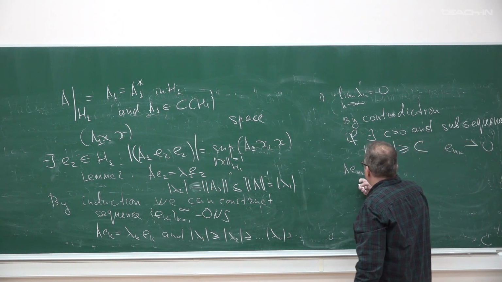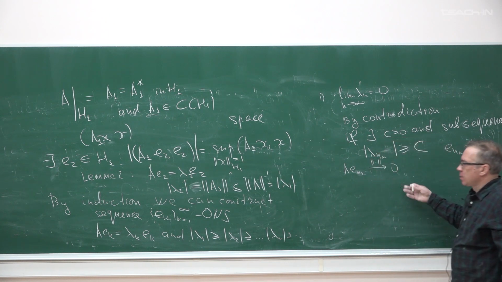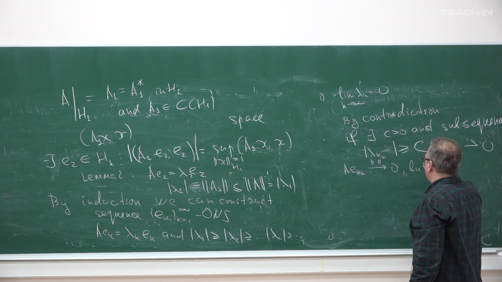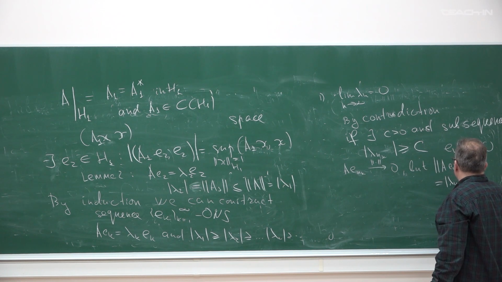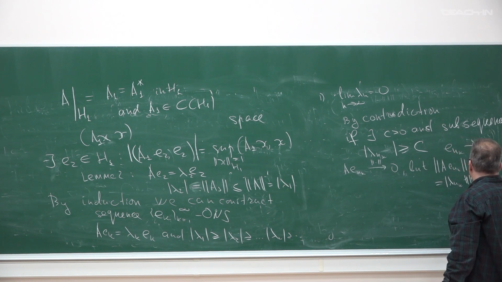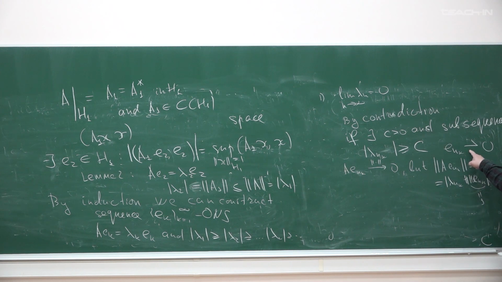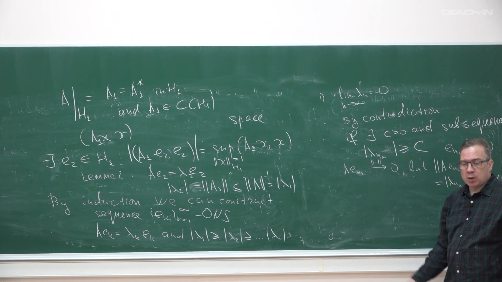Then A E nk converge to 0 in norm. It is a property of compact operators. Yes? But the norm of A E nk equals the absolute value of lambda nk times the norm of E nk. This norm equals 1, and this is greater than C. Contradiction. The operator is compact, so it would converge to 0 in norm, but it does not converge to 0. So lambda n tends to 0.